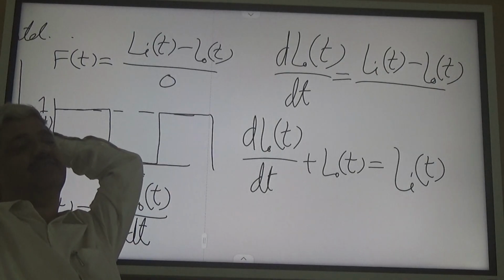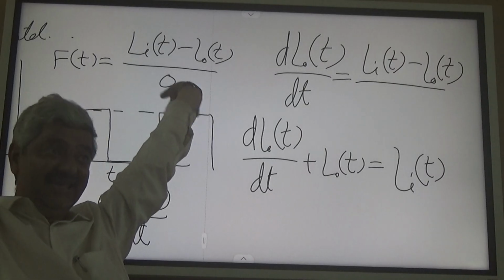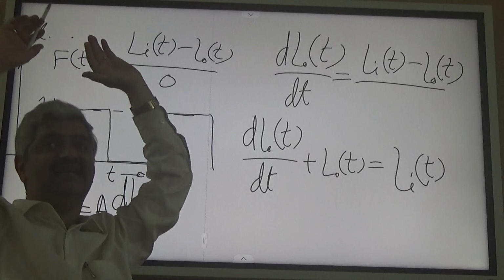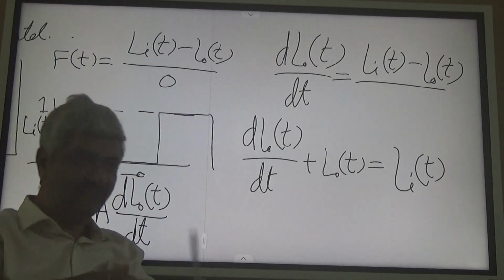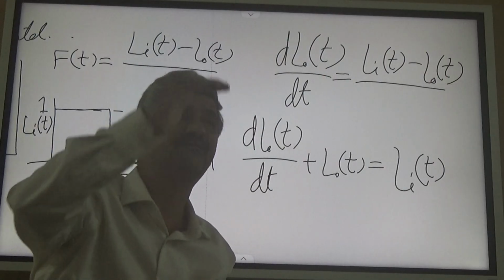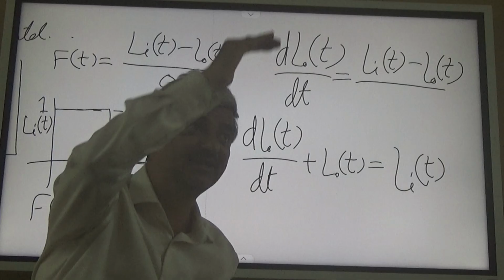A known input function, 1 is constant, is also a function. L in T equal to 1 is a special case. But L in T can be a square wave. When it is a square wave, what will change? Its frequency and amplitude.